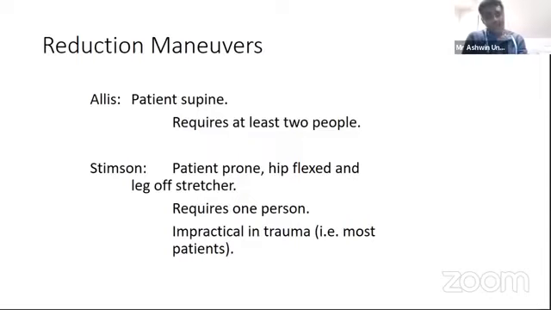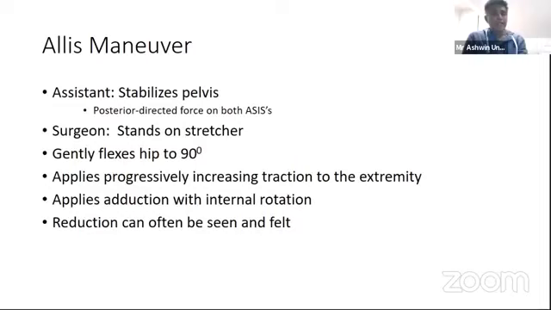The advantage of prone position is it's a 1% technique, and it is a bit impractical in trauma patients. And the normal philosophy in the supine position is to flex the hip to 90 degrees, as we assume the majority of them are posterior dislocations, and give traction, and the hip will come back in position.